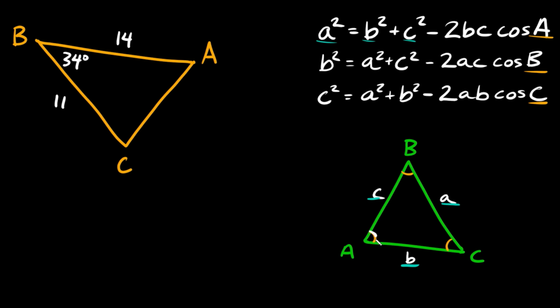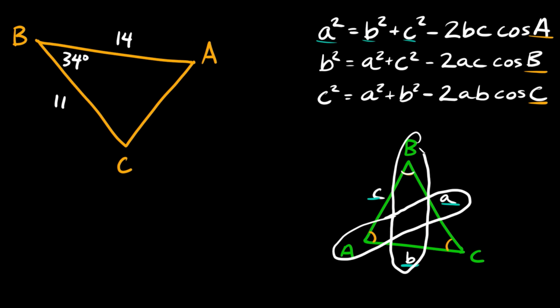So angle A opens up to side A. This is side A. So you might notice that we basically have a pair right here. Same thing over here, we have angle B, and it opens up to side B down here. So you can see that we have another pair. And then lastly, angle C opens up to side C. So you can think of these in pairs.